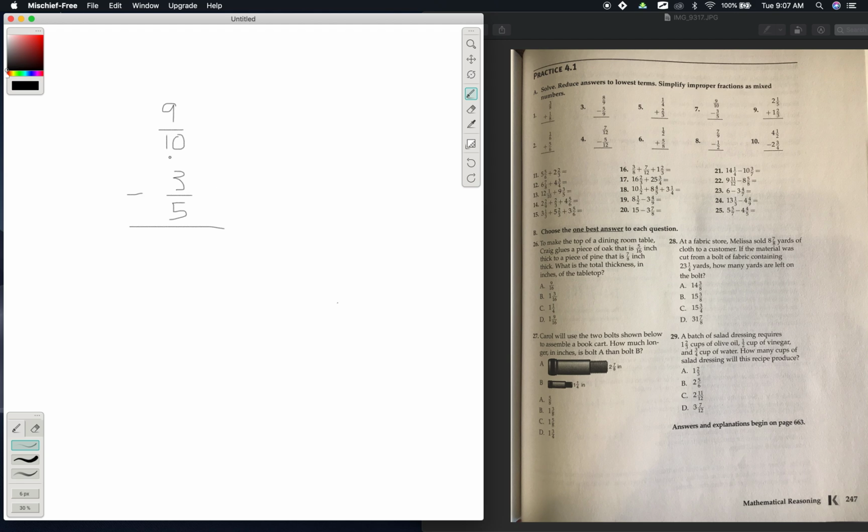If this was 15, we could also just change this denominator because 5 goes into 15 3 times. So what we'll do is change this to a 10. Okay, so to get to 10 we had to double this, so 2 times 5 is 10. Okay, and so therefore we have to double the 3. 2 times 3 is 6, so that we keep the same proportion. Okay.